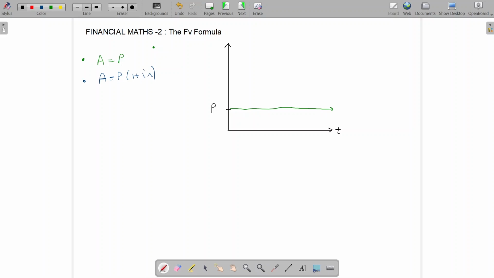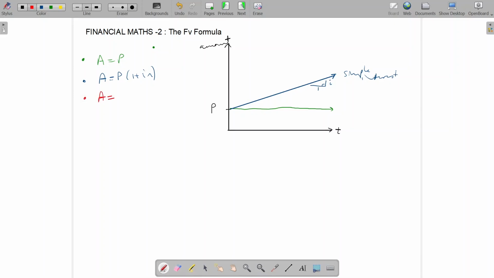Using simple interest, this is a linear relationship, and so it would go up according to your interest rate, okay? And so this was simple interest, and the gradient of the slope would be your i value. So your slope here would be your i value.